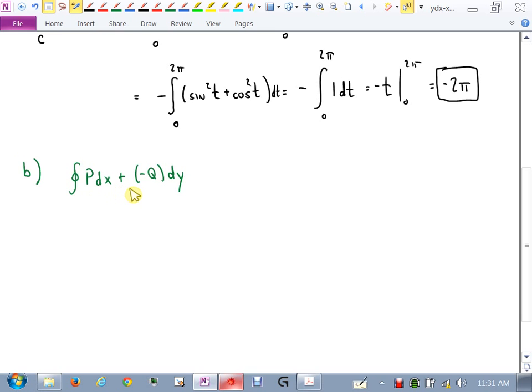According to Green's theorem, this should turn into the double integral over D of the partial of Q with respect to x minus the partial of P with respect to y, dA.